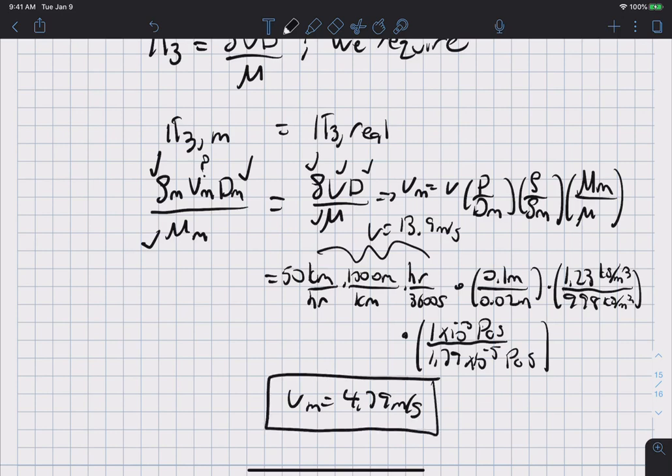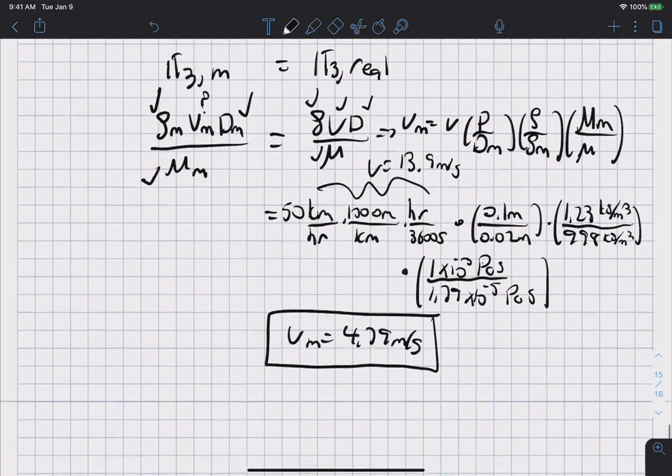Okay, and so what this is saying is that to get good measurements here, you don't just take your scaled down object and toss it in a wind tunnel that has the same air at the same velocity. You will not get a comparable quantity of interest out of this.